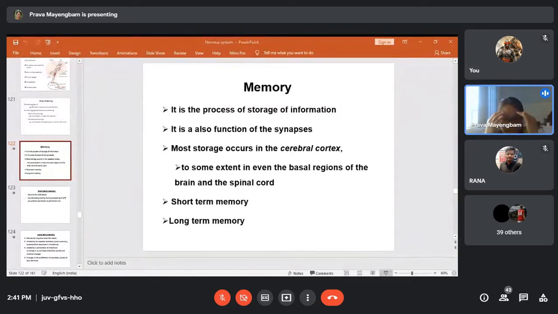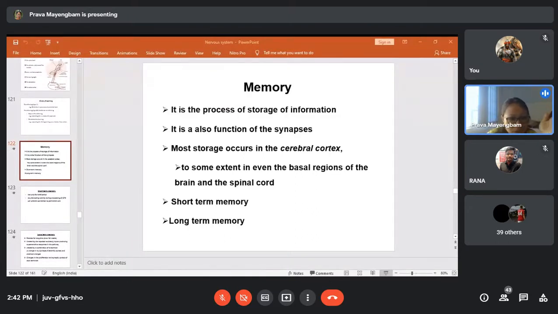So what is memory? Memory is the process of storage of information. How is information stored? In the cortex, and it is possible only through the synapses of different neurons. Storage of memory is possible only through the synapses.